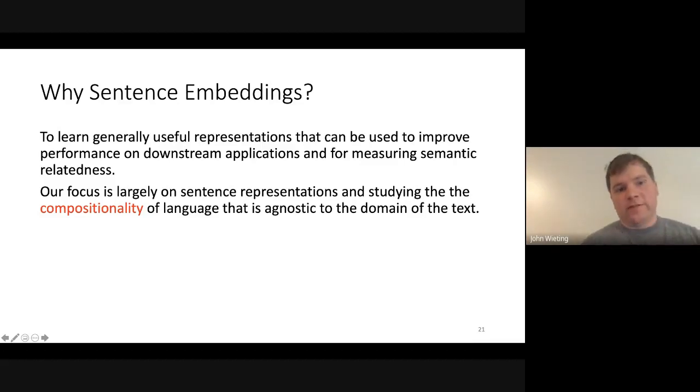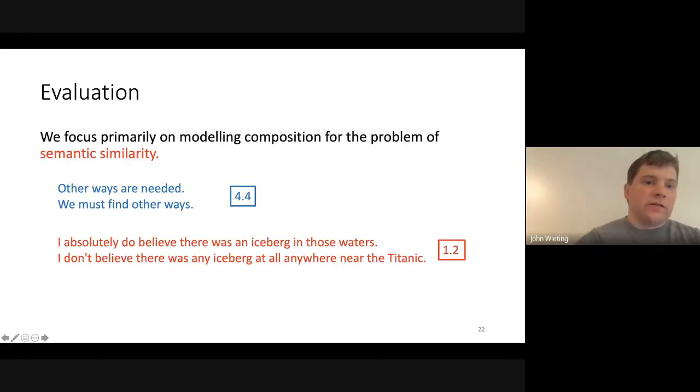But as a side effect, you do get some nice properties and applications like paraphrasing. Our evaluation reflects this. For sentences, we collected a bunch of semantic similarity datasets from all years possible, and we proposed this evaluation, but with a twist.